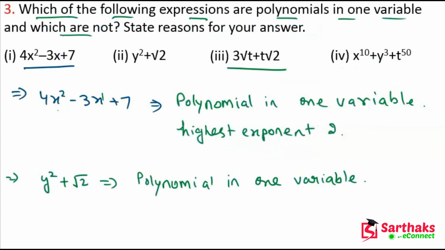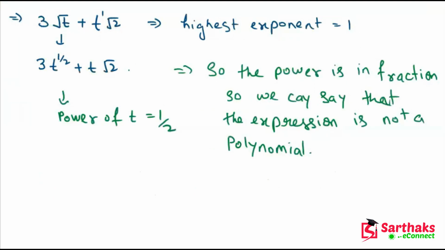Now if you talk about the fourth part, which is x raised to power 10, y raised to power 3 and t raised to power 50. So my dear friend, this is a polynomial but not in one variable.